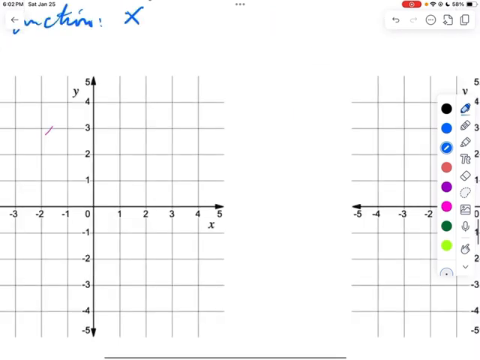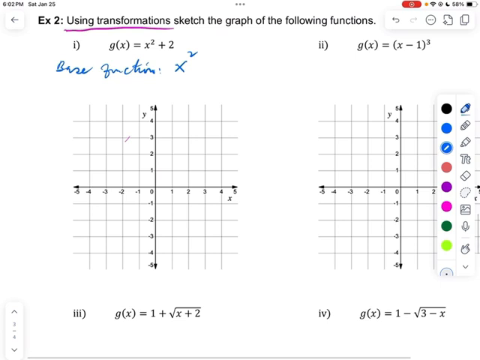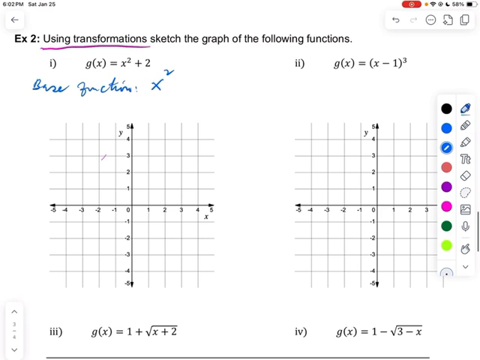If you recall the 3 points which we use to graph x squared, the graph of x squared will look like this. We don't have to draw this one, but if you want, you may. But it looks something like that, right? So we have to shift it up 2 units.